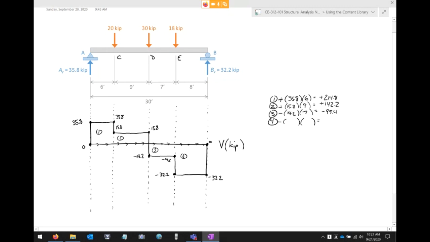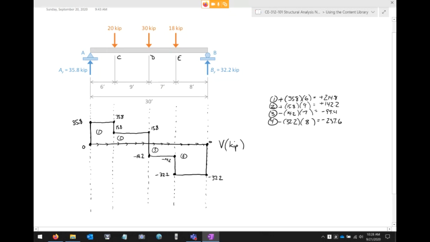We got one more. There we go, 257.6. And we get that by saying 32.2 times 8. Now, I want you to. Yeah, and I have I put that there. But you're right. You're absolutely right.